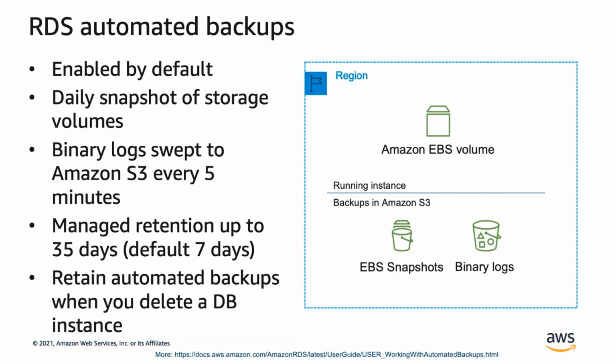Okay, let's start with backups. There are two ways to back up your RDS instances. The easiest is to enable automated backups. Each day during a 30 minute backup window you specify, RDS takes storage snapshots for your databases.